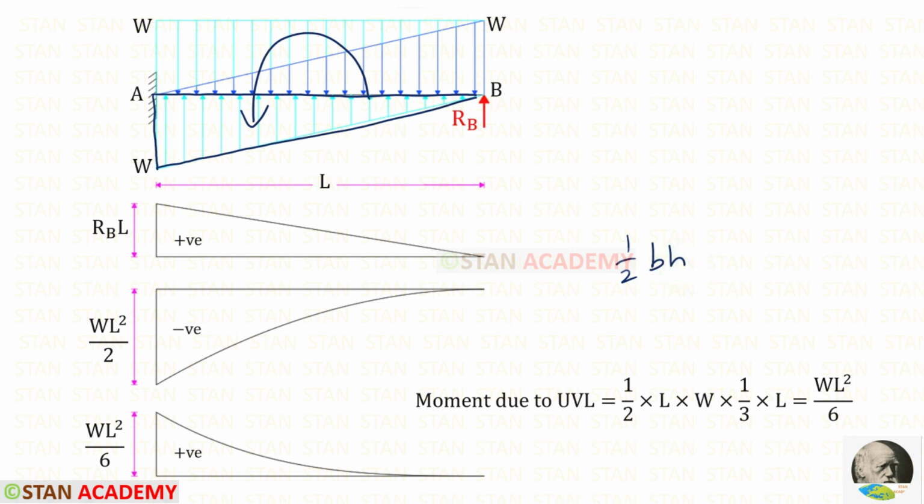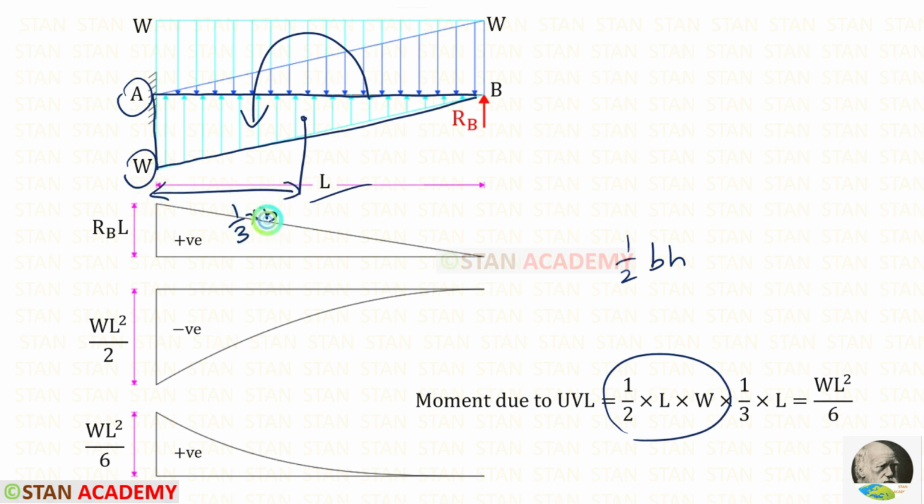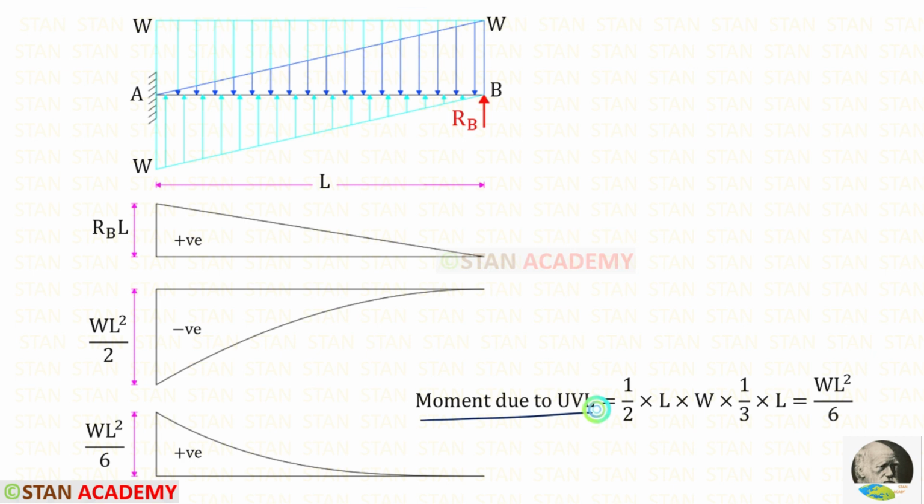Here the breadth is L and the height is W, so the area is half into L into W. We have to find the centroid distance about the point A. For this triangle, the centroid distance towards the point A is 1 upon 3 into breadth. Here the breadth is L, so 1 upon 3 into L. So the moment due to UVL is WL square upon 6, and the diagram will be a third degree parabola.